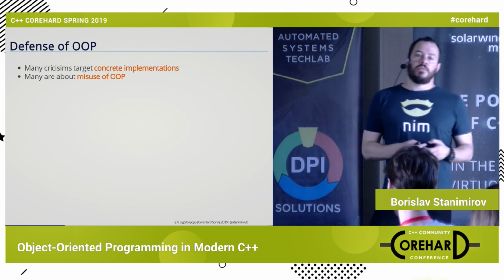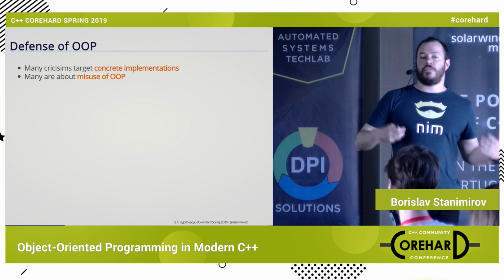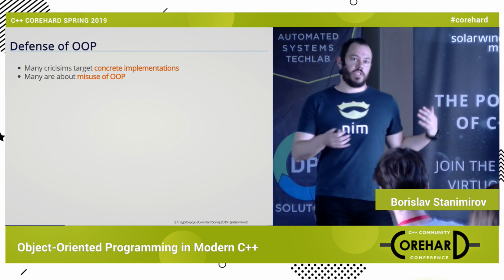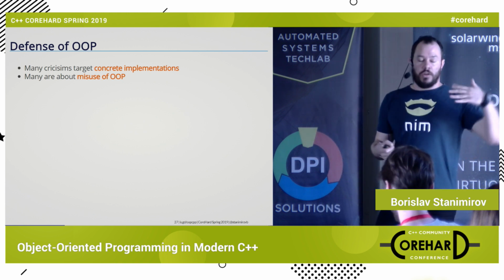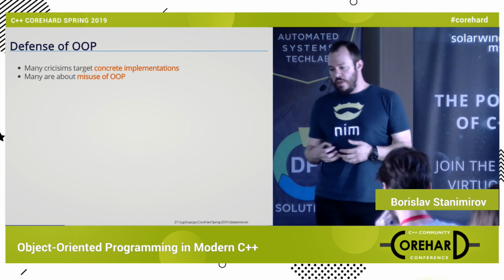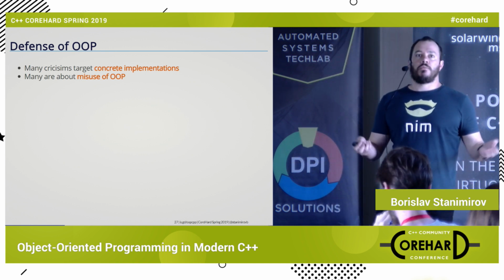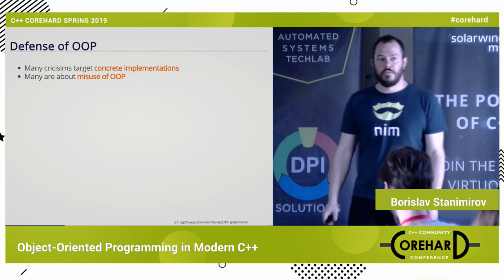And many of those criticisms are targeted towards misuse of OOP. If every single function of your code is a virtual function, it will be slow, because every single function call will lead to an indirection and a call. Then your program will be slow, and if someone sees that, they're going to say, oh my God, this is so terrible, therefore object-oriented programming is terrible.